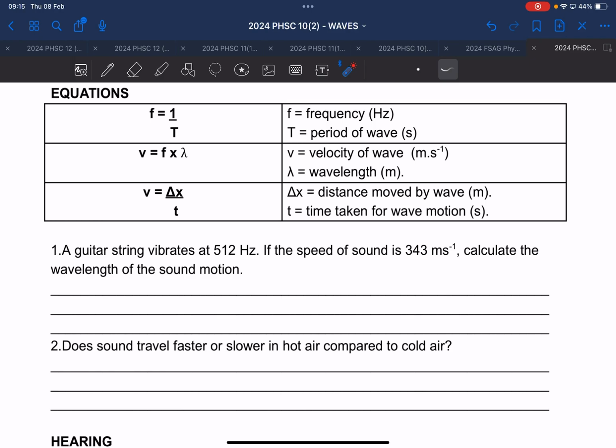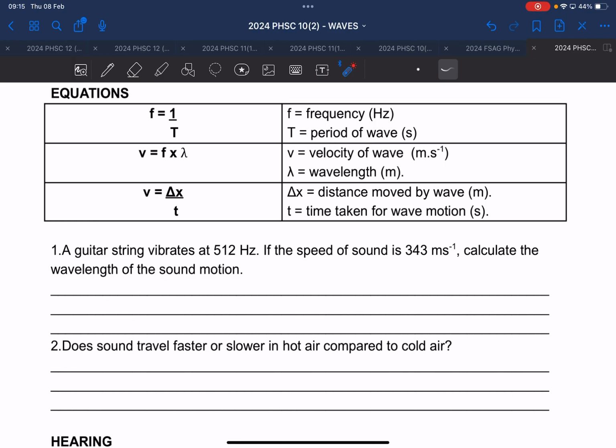That means that's the frequency. It makes 512 waves up and down per second. Okay, that's very fast. If the speed of sound is 343 meters per second, calculate the wavelength of the sound.